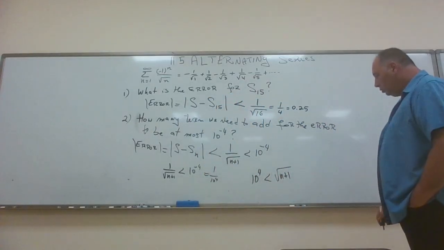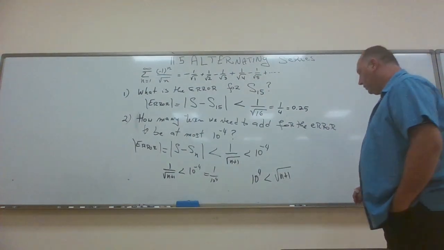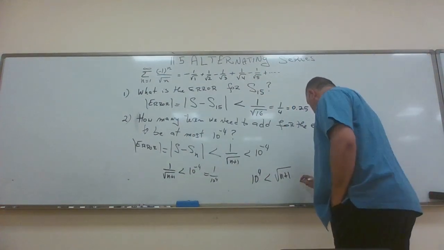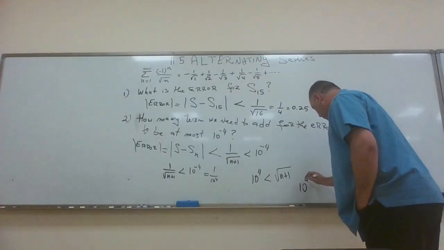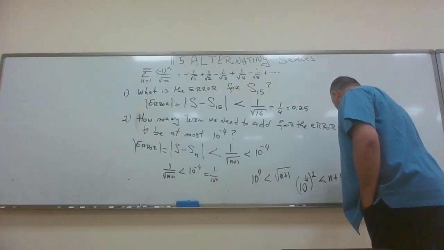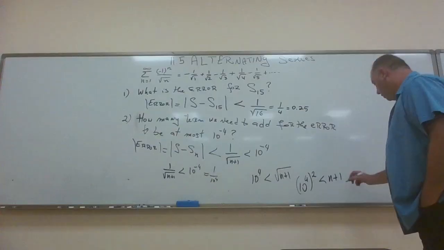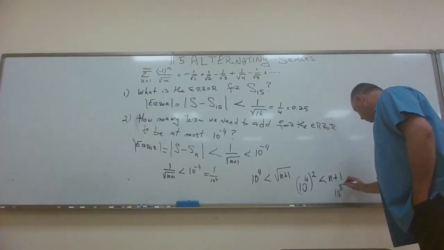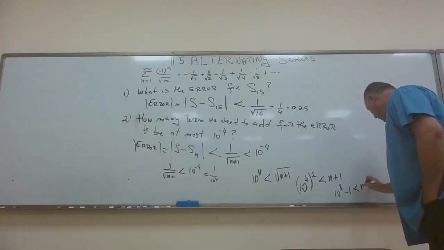To find n, we square both sides. So 10 to the power 4 squared, which is 10 to the power 8, minus 1 is smaller than n.